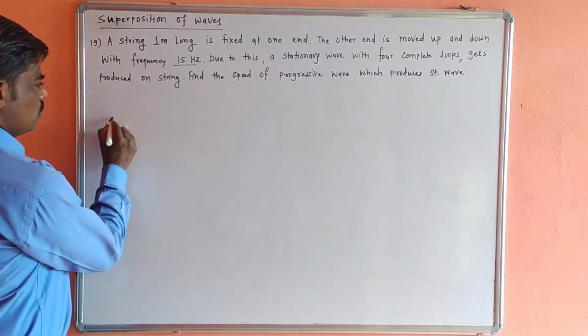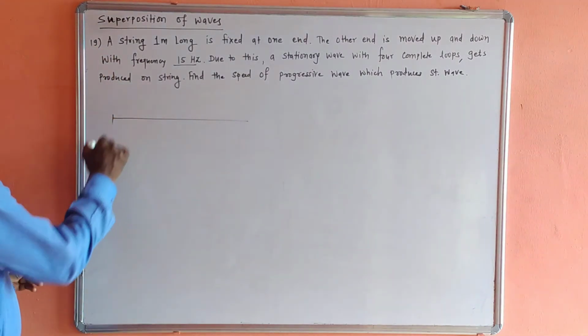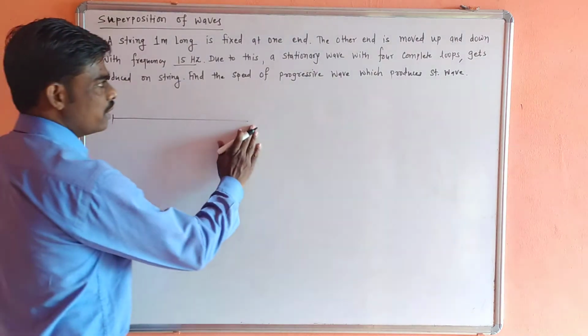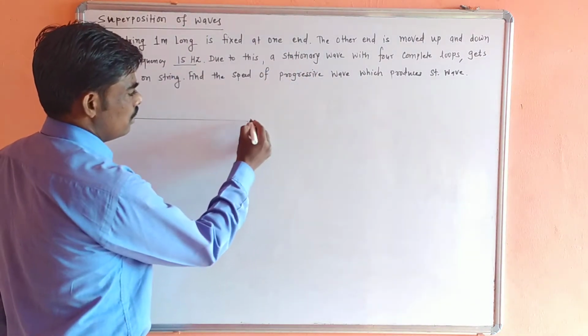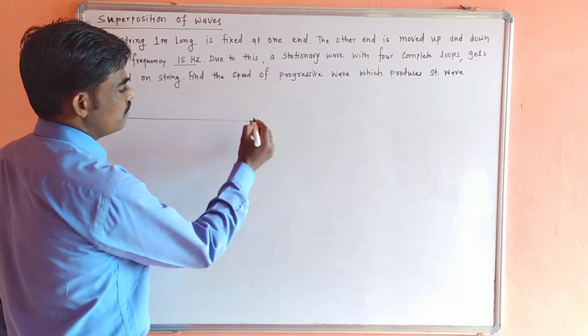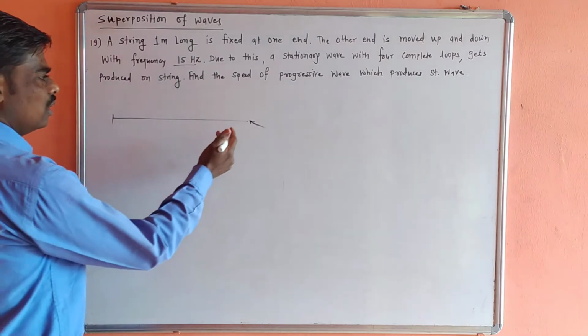Now, suppose this is a 1 meter long string, it is tied at one end and its other end is free, as per the condition of the problem. And this free end is moved up and down with certain energy.